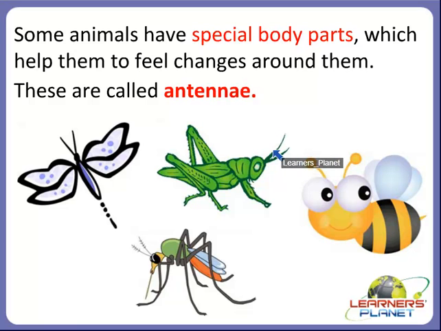A grasshopper has also two antennae. A honeybee and a mosquito, they all possess antennae, which are the special body parts by which they can feel changes around them. Okay, children?